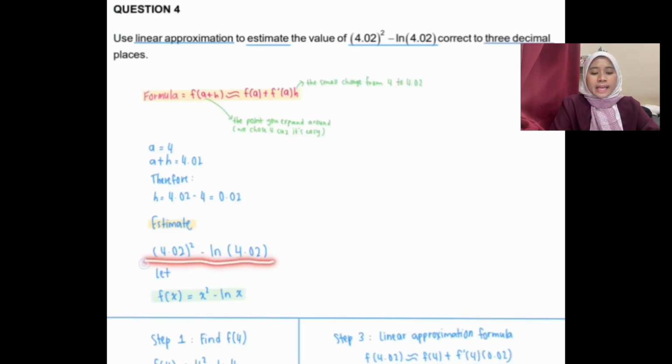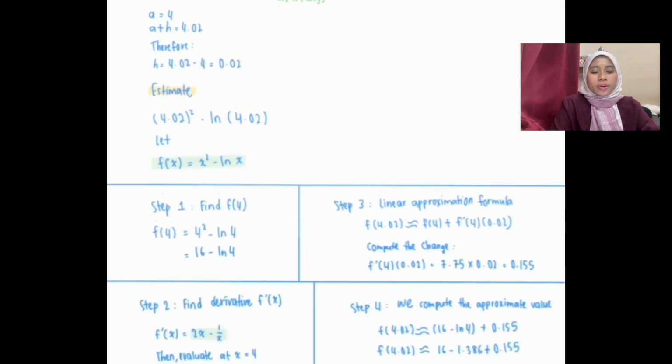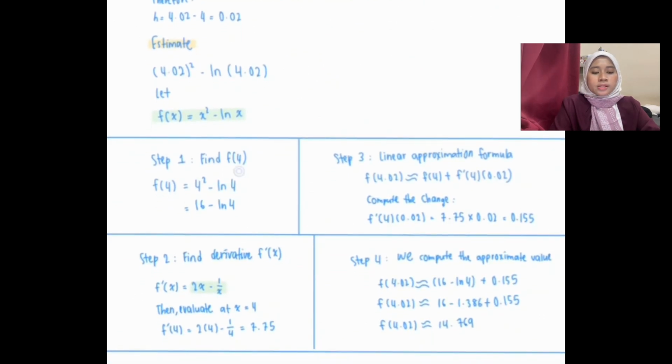Next, we're going to estimate 4.02 squared minus ln 4.02. So let f(x) equal x squared minus ln x. Step 1, we're going to find f(4). So we use the f function, and then we replace x with 4. So we get 16 minus ln 4. Step 2, we're going to find the derivative f prime(x).